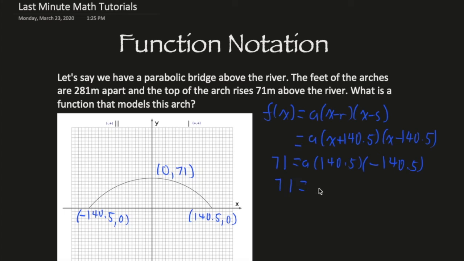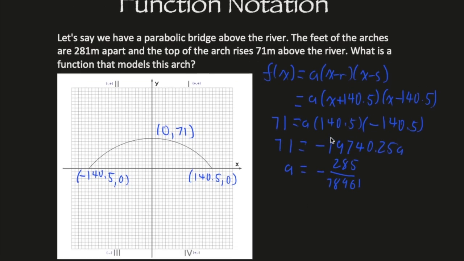So that would give us negative 19,740.25 a. Okay, now we can move this number over here to the other side, isolating for a. So a would be equal to negative 285 over 78,961. As a result, all we have to do now is put a back into the equation that we already have.